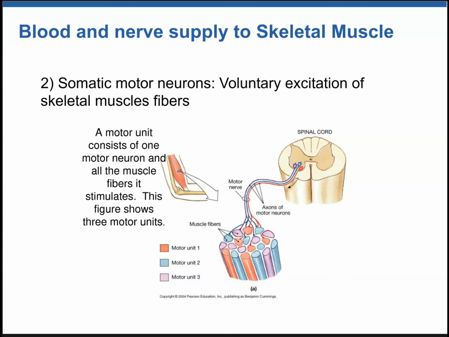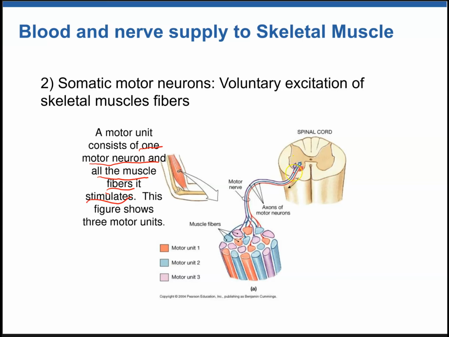muscle that causes movement. Now, each motor neuron is capable of supplying nerves to hundreds of different muscle fibers, right? So a motor unit consists of one motor neuron and all the muscle fibers it stimulates, right?